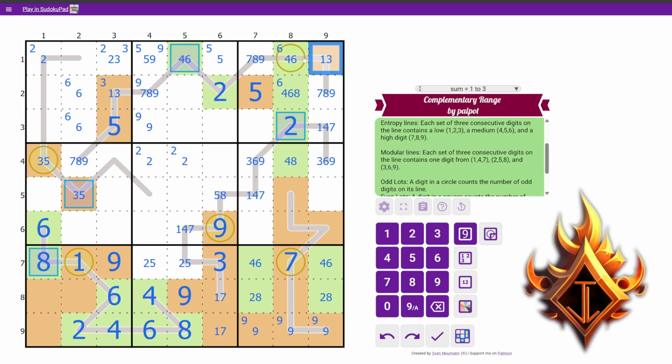How many? There are 1, 2, 3 evens on here already. There can be 2 odds over here. There can be an odd there. There can be an odd there. How about evens?